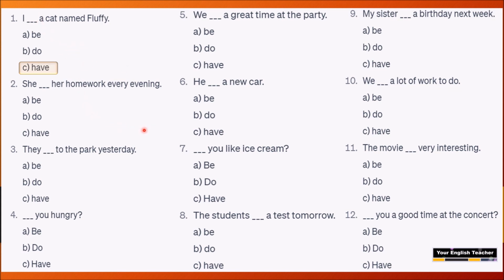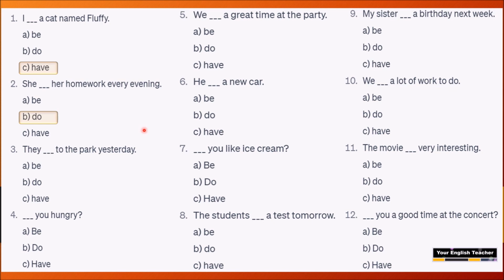Second one, she dash her homework every evening. It is indicating some action, no? So we need a do verb here. So she does her homework, which is a do verb. And in the third case, they dashed to the park yesterday. So they might have gone to the park.